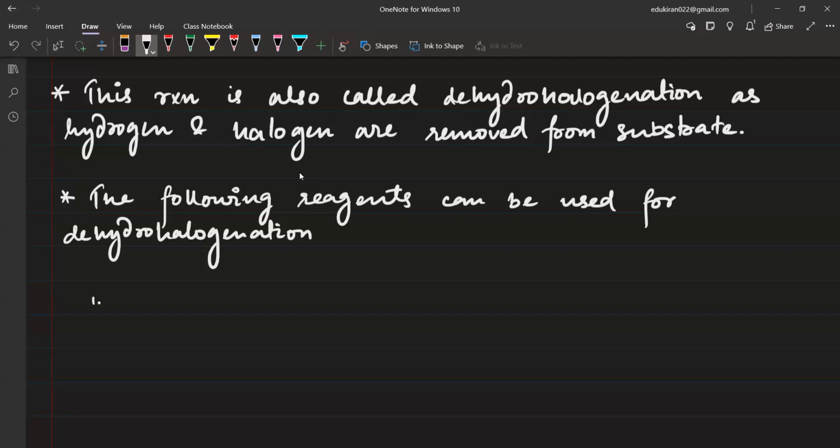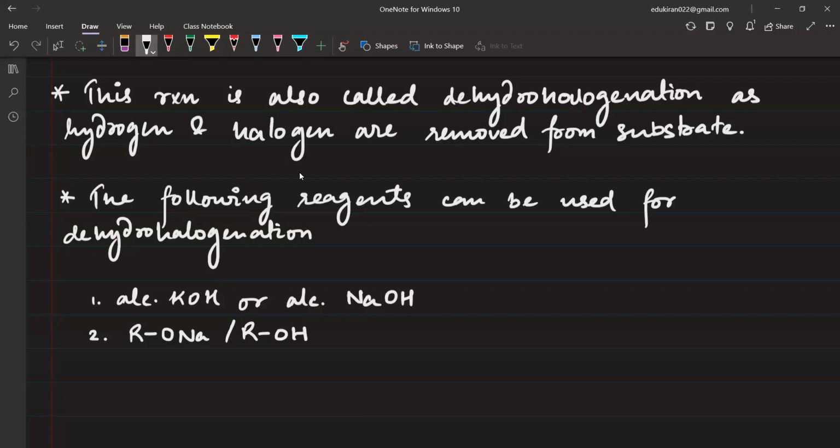What are the reagents? Number one, we have already seen, that is alcoholic KOH, or we can also use alcoholic NaOH, potassium hydroxide or sodium hydroxide. Secondly, we can use RONa, that is sodium alkoxide, in the presence of alcohol. Third reagent is very important.